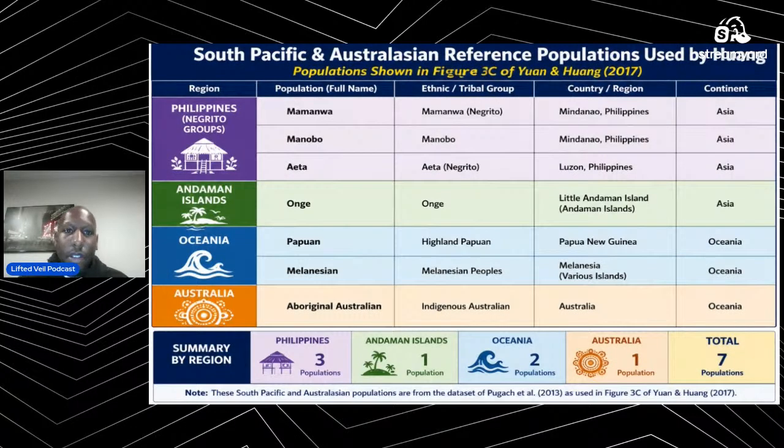South Pacific and Australasian reference populations used by Yuan and Huang. Pretty much self-explanatory here. So a total of 7 from that reference point.